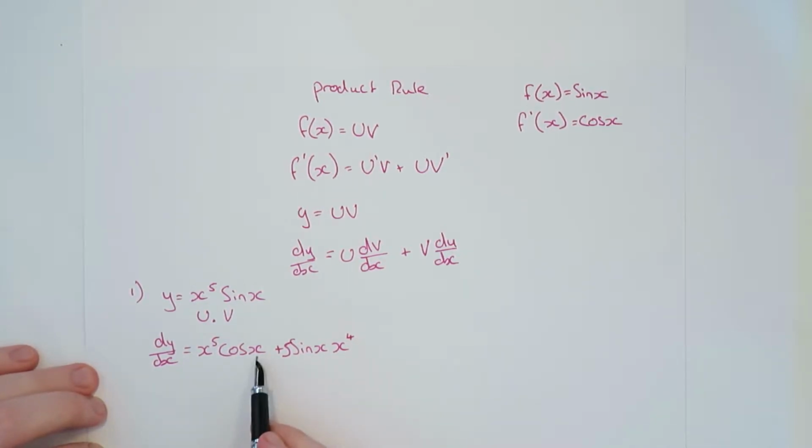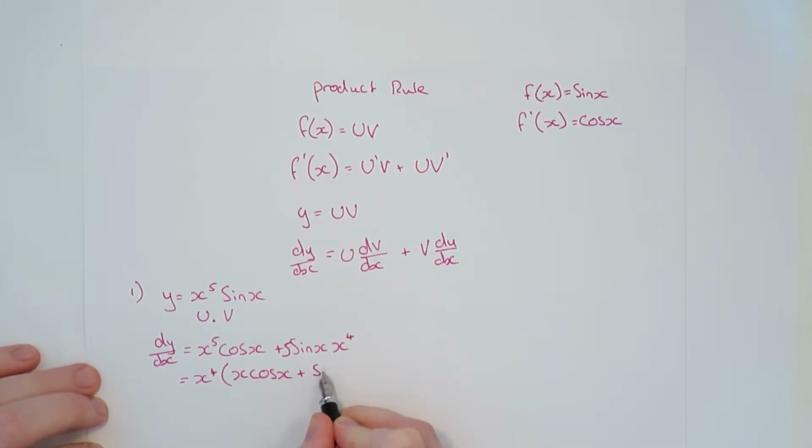X to the power of 5 cosine x plus 5 lots of x to the power of 4 sine x. So that's the first example. Now if you wanted to, you could factorize this. You could say, that's x to the 4, x cosine x plus 5 sine x. You could factorize it like that if you wanted, but leaving it like that is fine as well.